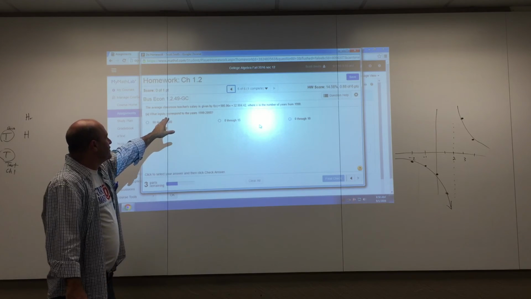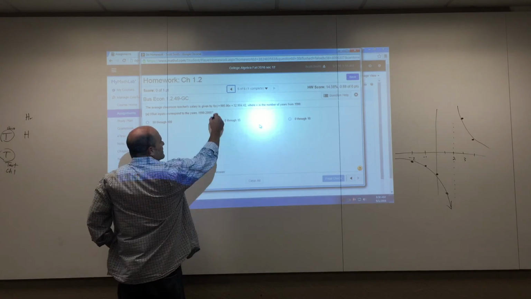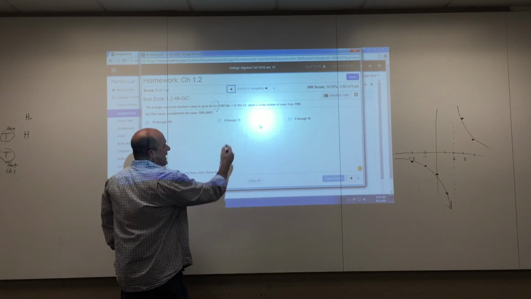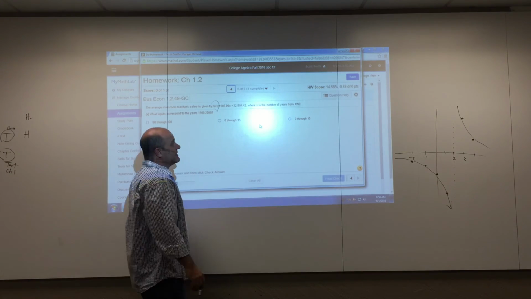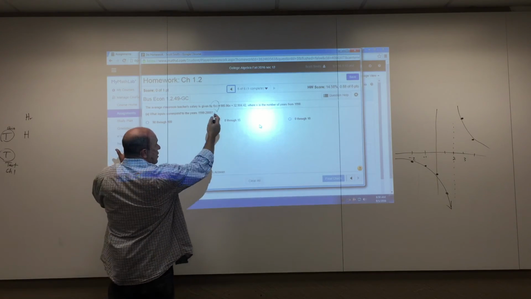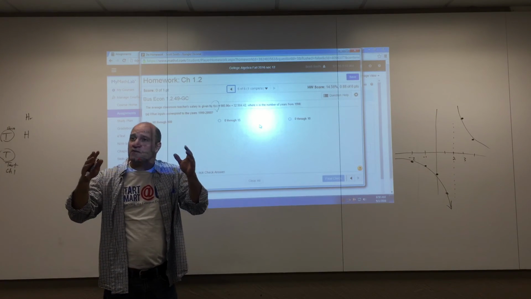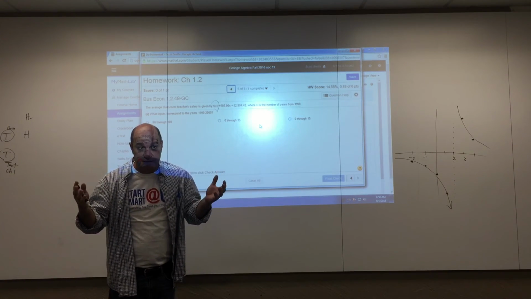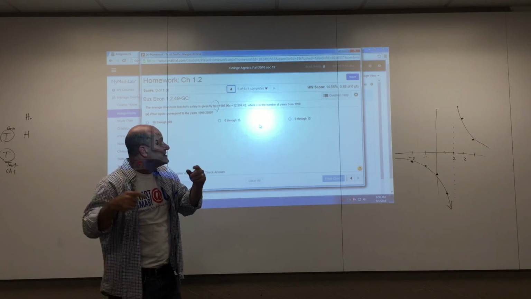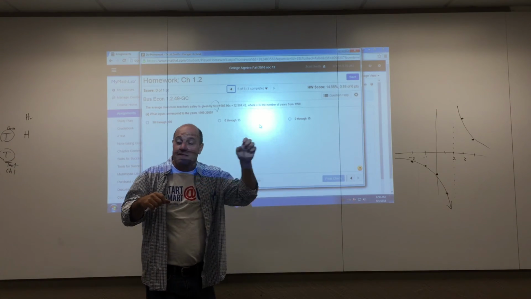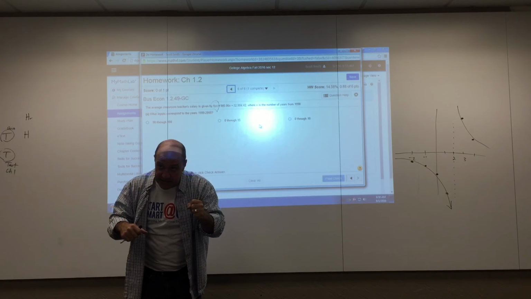The average classroom teacher's salary is this, so there's the average salary. And X is the number of years from 1990. When I read that, I gotta think. If X is the years from 1990, then in 1990, X is 0.